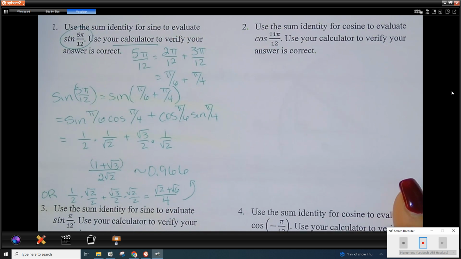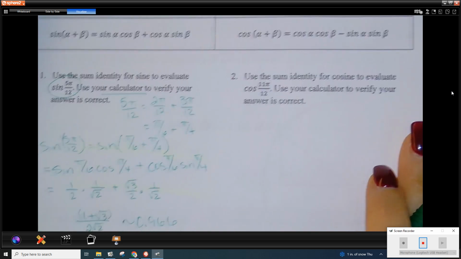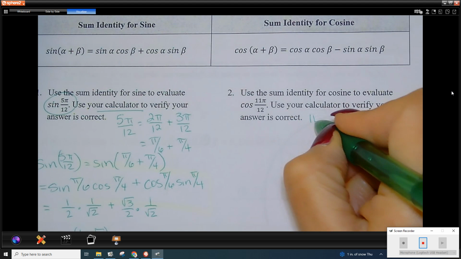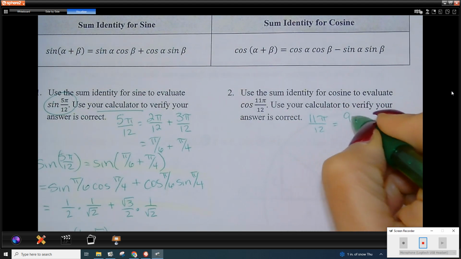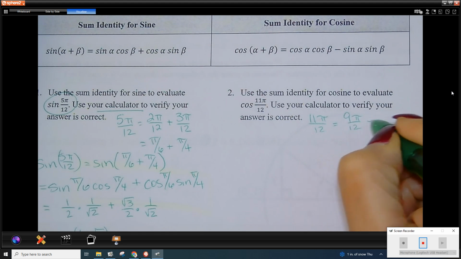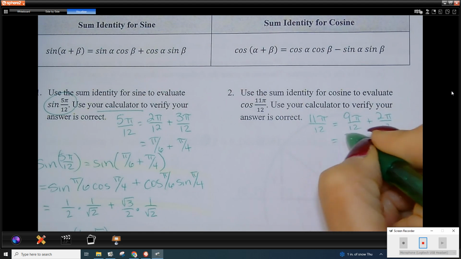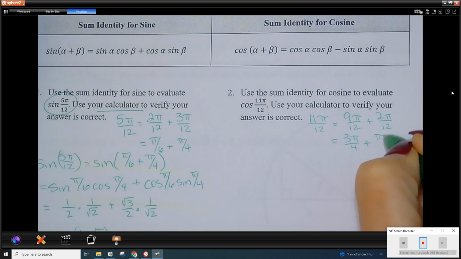So cosine of 11 pi over 12. So I'm going to show you the identity while I write it out. There's the cosine identity. So 11 pi over 12, that's the same as 9 pi over 12 plus 2 pi over 12, which is 3 pi over 4 plus pi over 6.